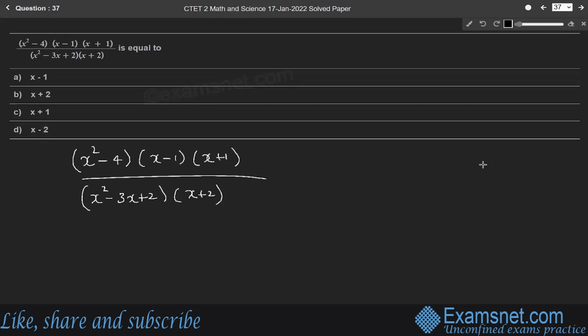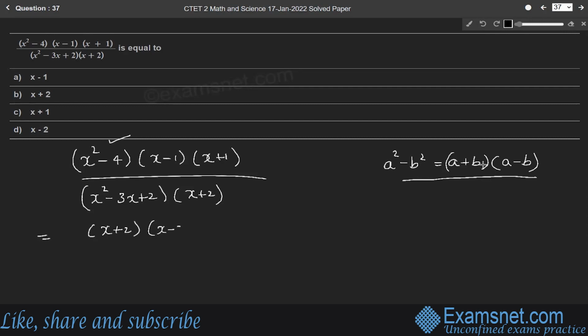So, here we are using the formula a square minus b square is equal to (a plus b) into (a minus b). Right? Since x square minus 4 is in the form of a square minus b square, we can write it as (x plus 2) into (x minus 2), right?